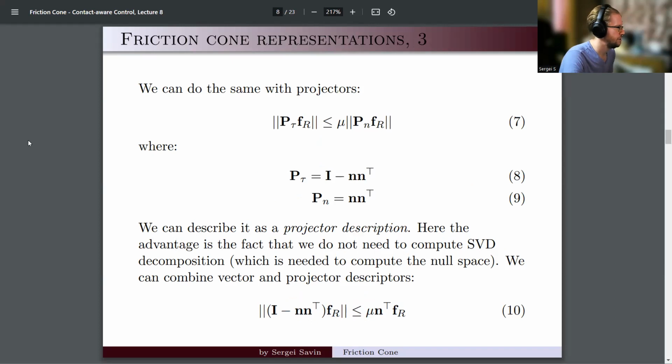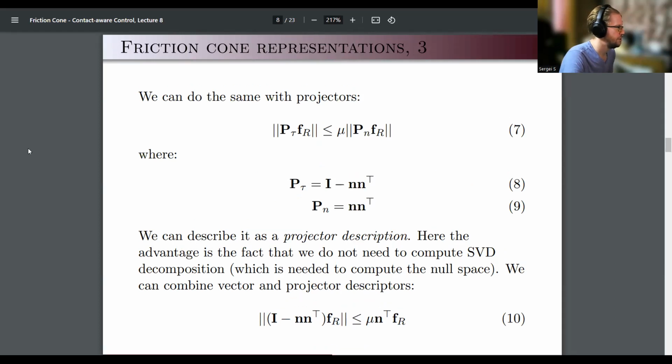Friction cone, remember, is this kind of entity, right? This kind of entity is, to work with it, you have to use what we call SOCP. If you want to use it in optimization, second order cone programming is expensive.